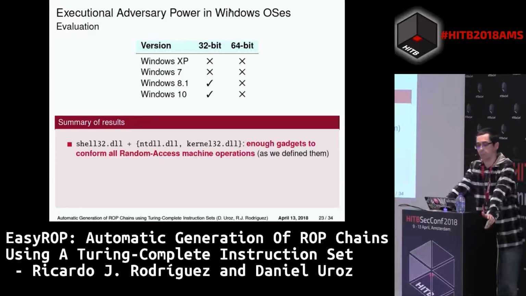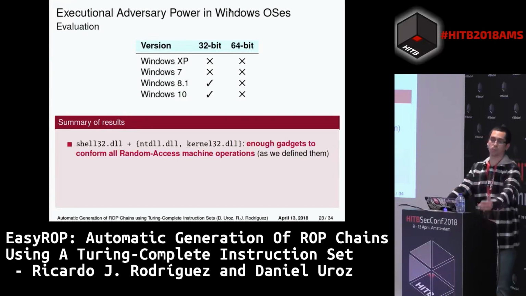That means that if we have a process which has these DLLs loaded into memory, and this program has some kind of vulnerability that we can exploit in order to execute arbitrary code, we could execute whatever we want.